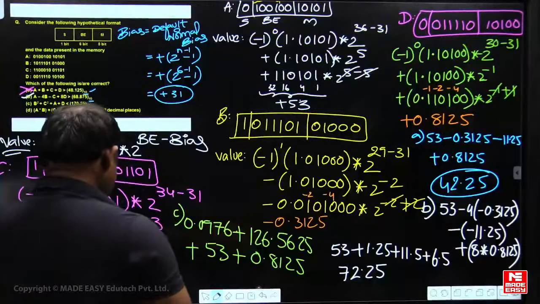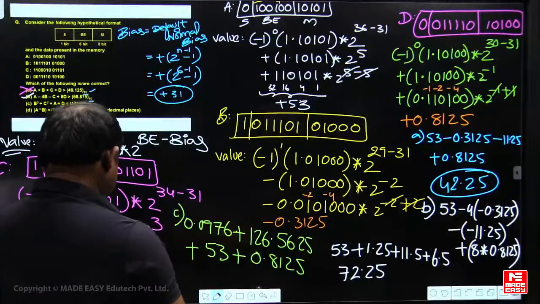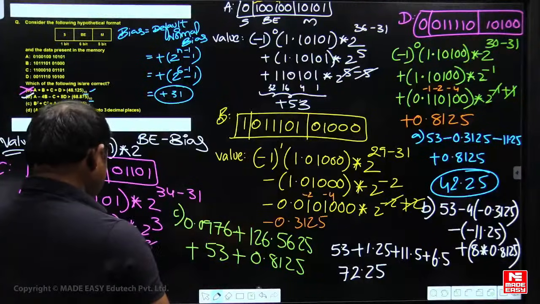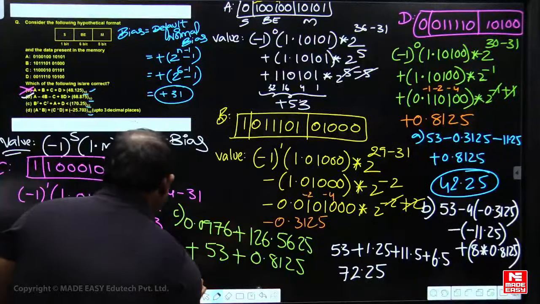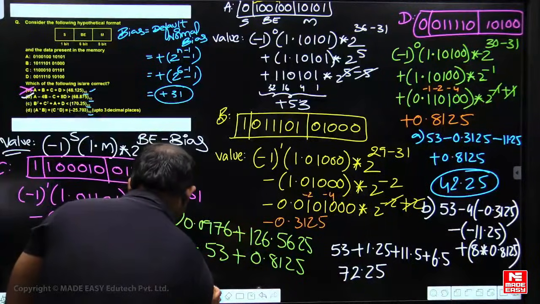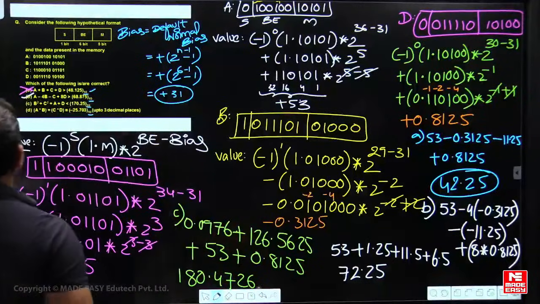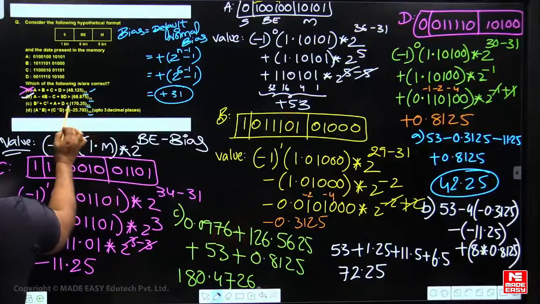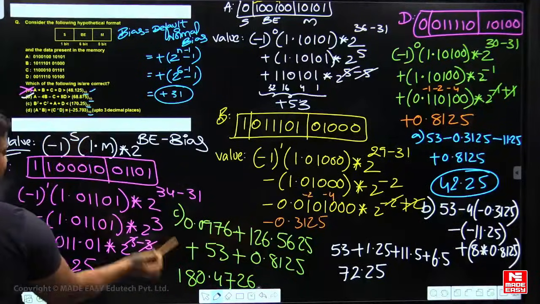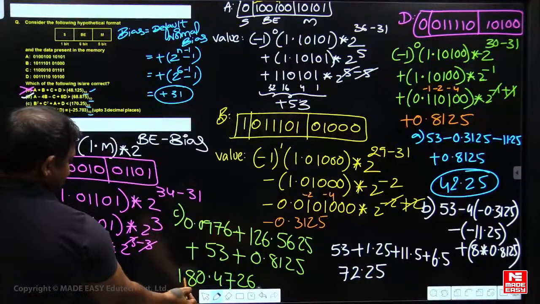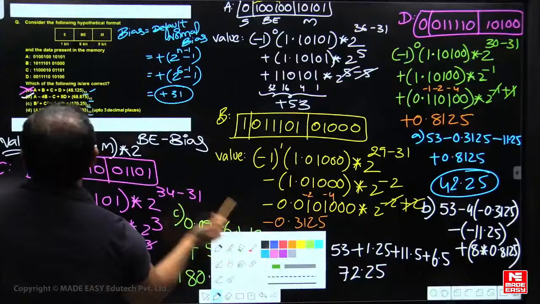Add it. 53 plus 0.8125 plus 0.0976 and so on; this is 180.47. Now you tell, is it less than 170.25? No, it is greater. So this option is also not correct.